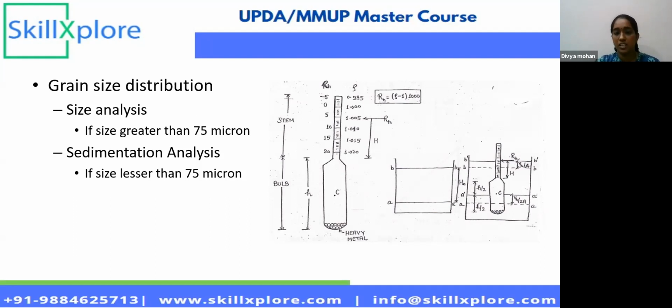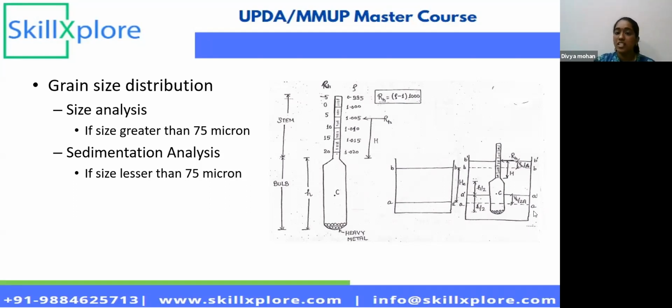In doing the sedimentation analysis, the thing we mainly use is the hydrometer. The soil passing through 75 micron is mixed with 1 liter of water, dispersing agents are added, and we place the hydrometer in it. At first the particles will be scattered in the water, and as time goes, based on their diameter and their own weight, due to gravitational pull the soil particles will settle down at the bottom.